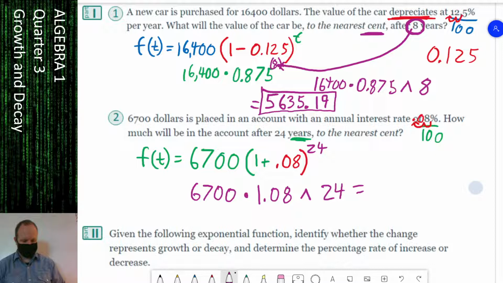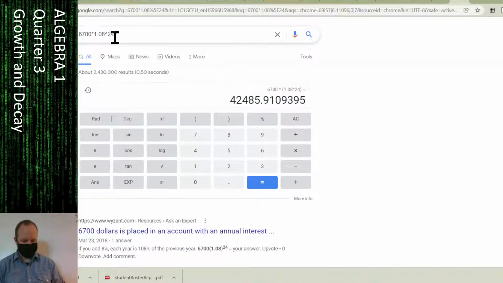Anybody come up with an answer? Did you get an answer? 42,485. I typed it into Google, and even Google knows order of operations.